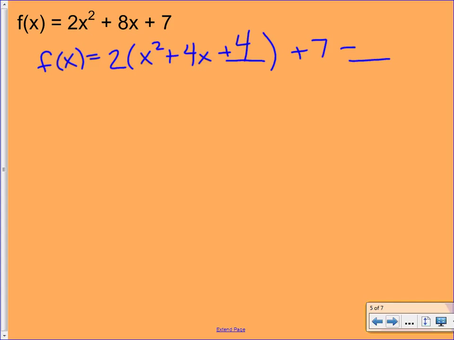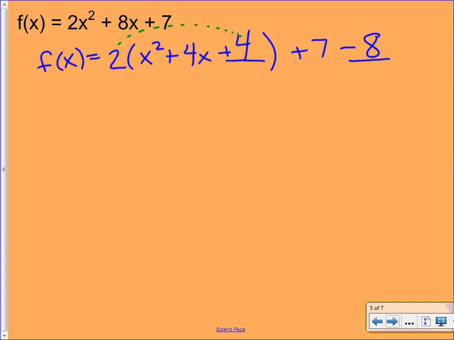Okay. What are we really adding to our equation? Are we adding 4? No. 8. This 4 is being multiplied to that 2, which means we're really adding 8. So out here, where that 2 is not affecting the plus 7, we're going to have to subtract 8.